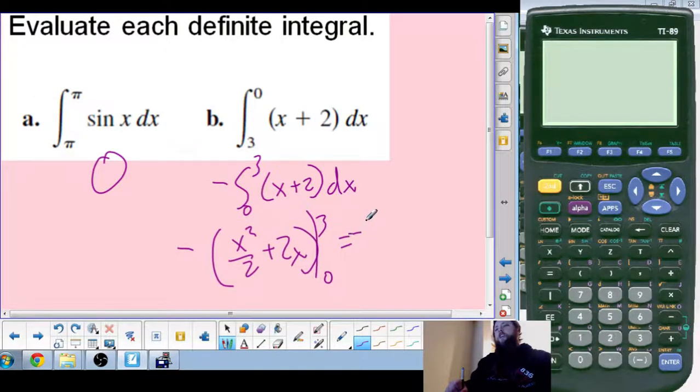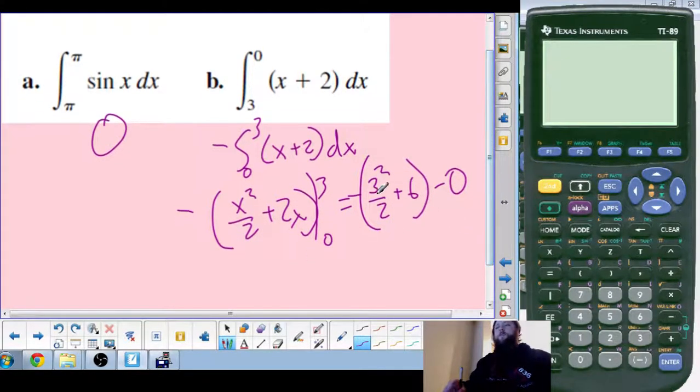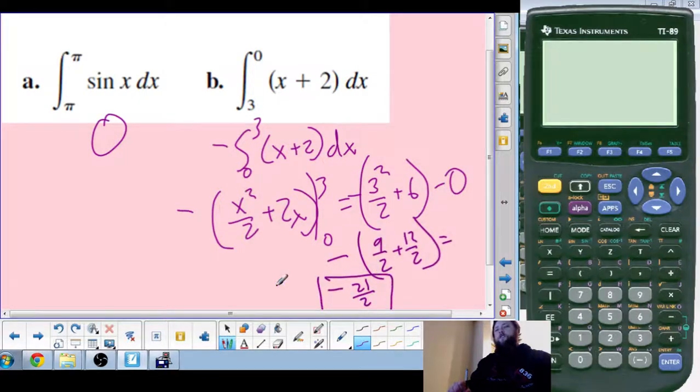You'll plug in 3 squared over 2 plus 6, and that'll be minus 0 because that just evaluates to 0. So what you'll get for your answer is 9 over 2 plus 6, so 9 over 2 plus 12 over 2. And the negative of that is going to be negative 21 halves as your answer.